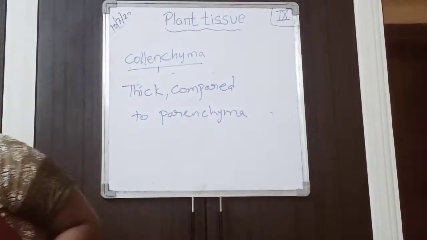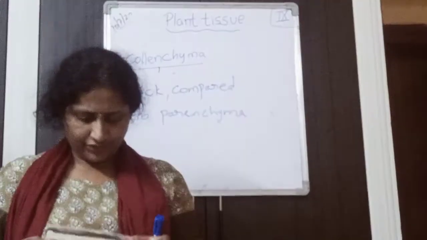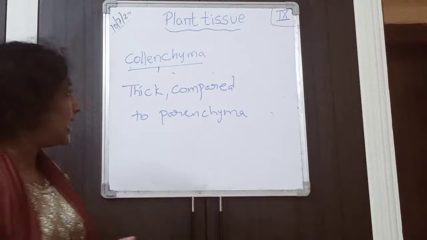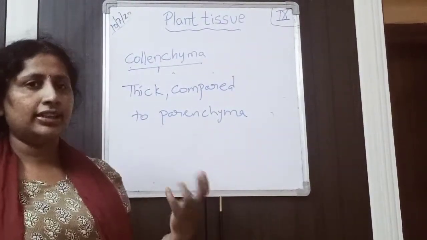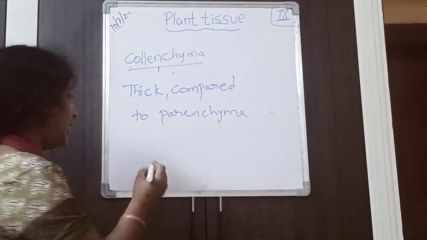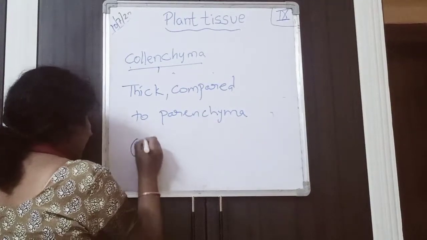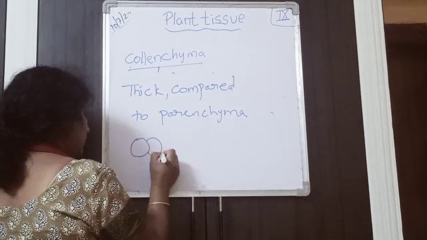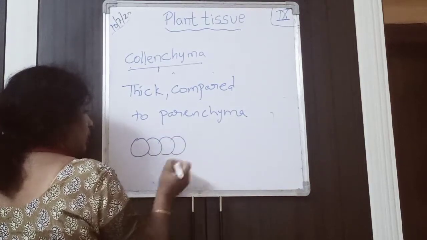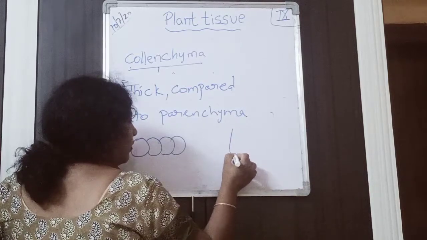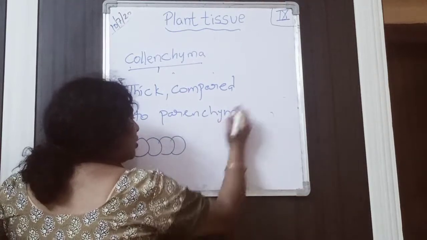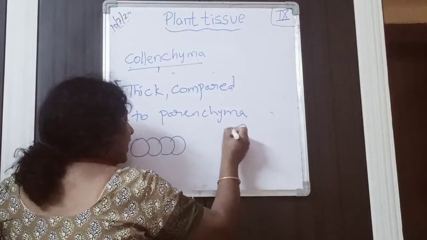Now, is any point left? Yeah. So the cells are generally longer than parenchyma. If you see the parenchyma cells, they are like this. When you see the collenchyma cells, they are somewhat longer than the parenchyma cells.